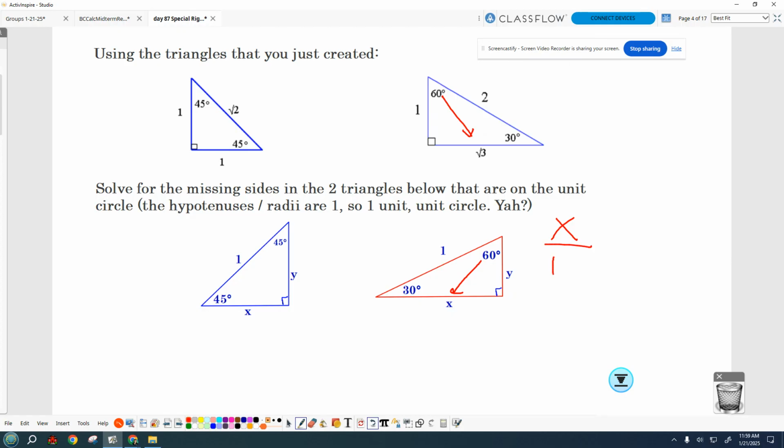That guy's across from 60. And then the one side that I know in this triangle down here, Fernando says, is the hypotenuse. I need to compare it to the hypotenuse here. And then multiply both sides by that square root of 3, basically cross multiply.